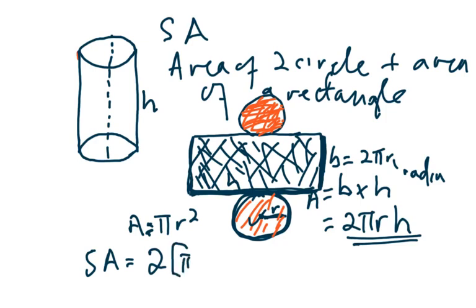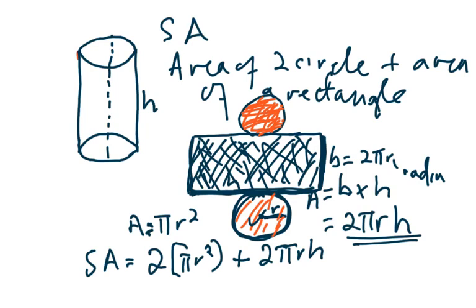It is given by pi r squared, and there are two of them, plus the area of the opened rectangle, which is 2 pi r h. So that is the surface area of a cylinder.